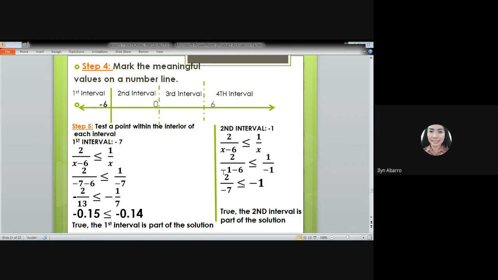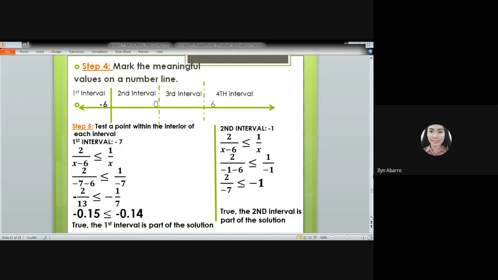So 2 over negative 1 minus 6 is negative 7, is less than or equal to negative 1. So negative 2 over 7 is of course less than or equal to negative 1. So true, the second interval is part of the solution.